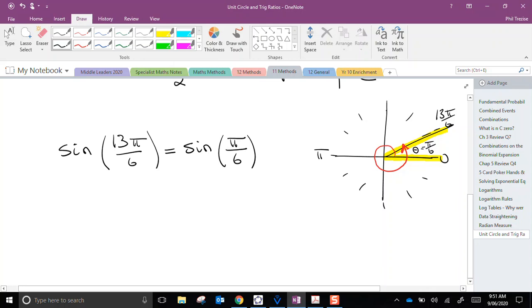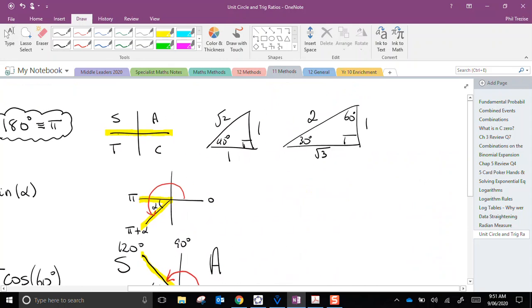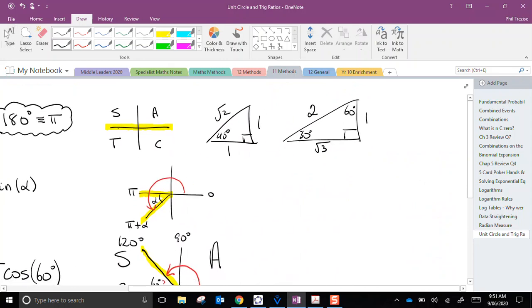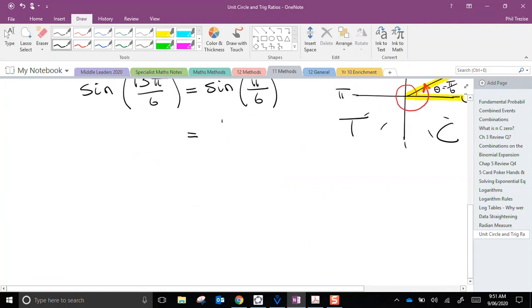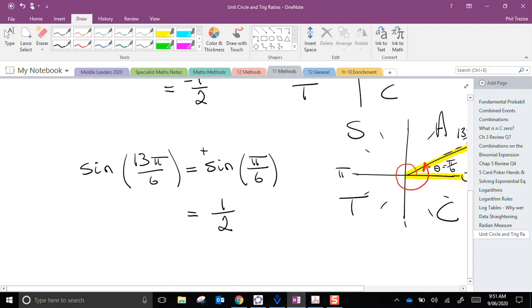Now I need to decide if it's positive or negative. Remember, it's all stations to central. All trig ratios are positive in this quadrant, so it is literally sine of pi over 6. Remember pi over 6 is the same as 30 degrees. Sine of pi over 6, well, that's 1 over 2. That's the one that we remember. So the sine of 13 pi over 6 is 1/2.